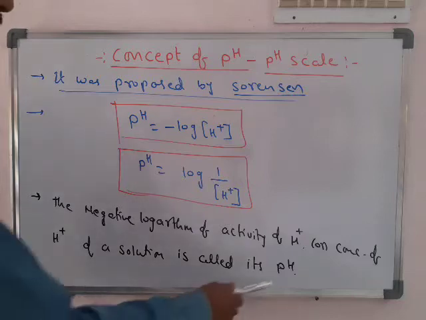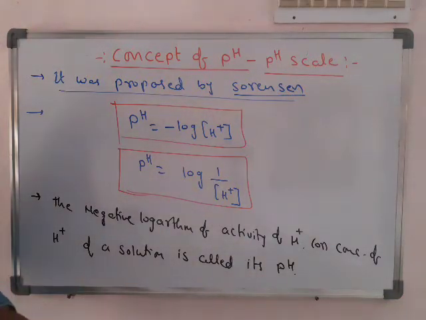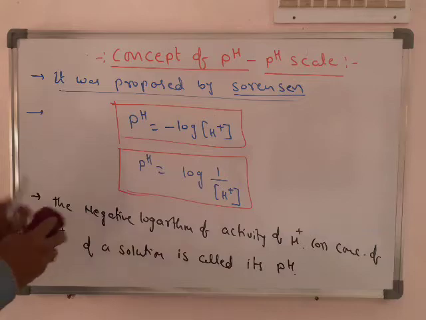It is called p power H, or pH. So it can be written in two terms.